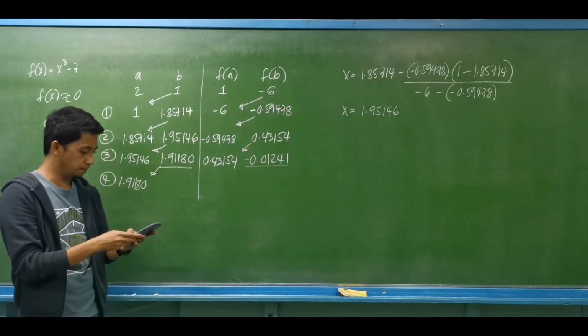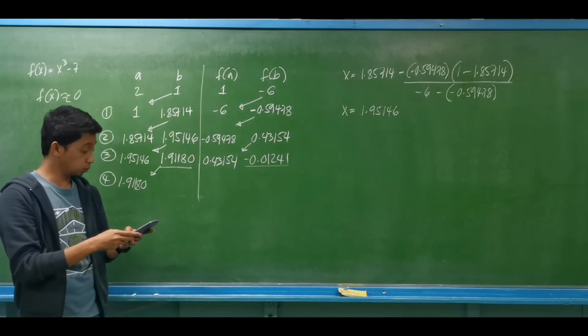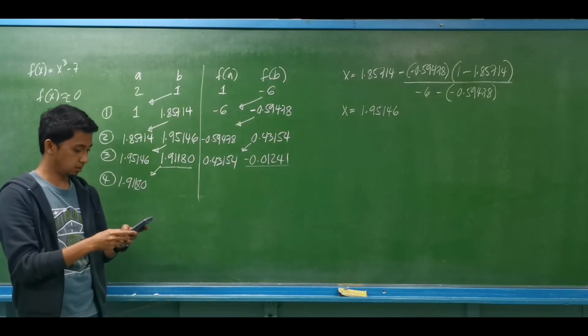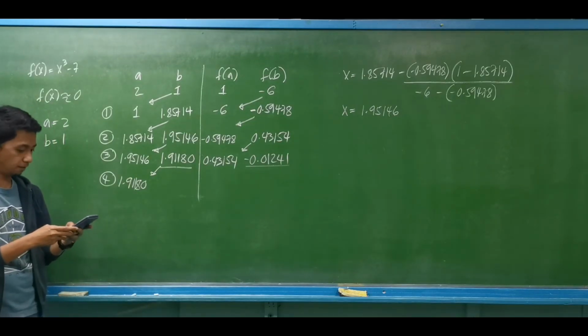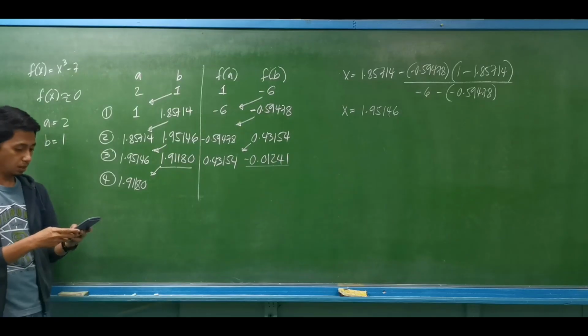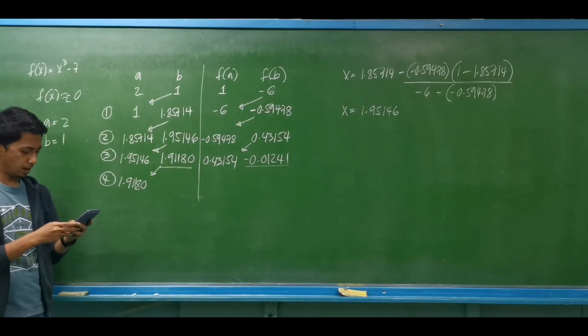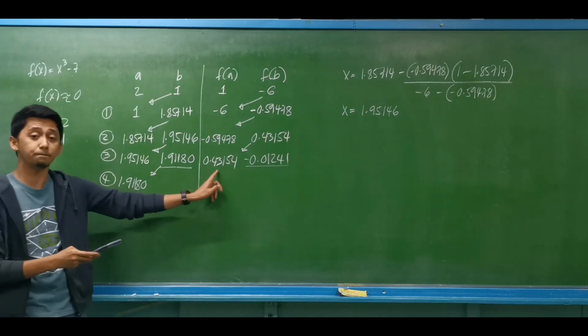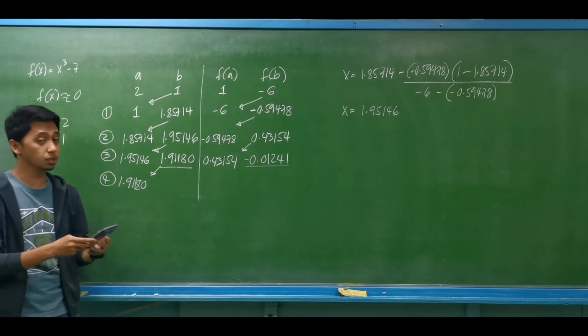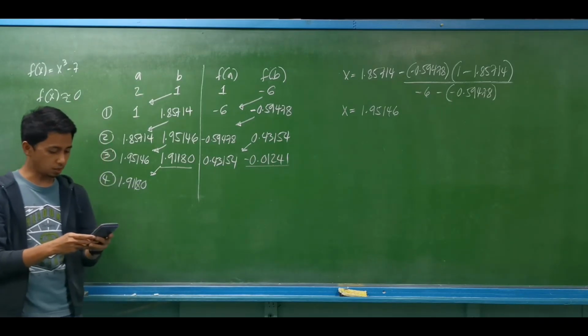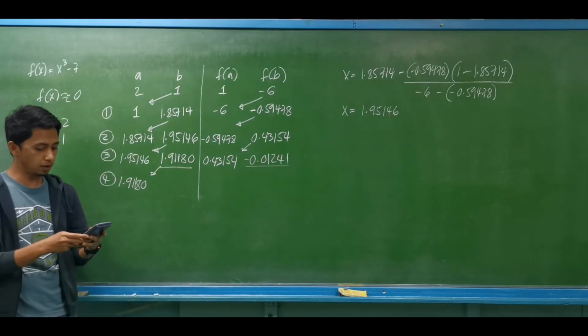That is negative 0.01241. Multiplied by a, that is 1.95146, minus b, 1.91180. Divided by f of a, we have 0.43154 minus f of b, that is negative 0.01241.